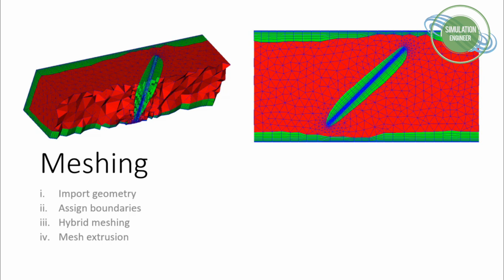So we will start with the meshing, starting from importing the geometry, and then we will assign the boundary patches later on, which will be used as boundary conditions, and we will be performing our hybrid meshing. As we can see, the damper, and these are the walls of the duct, so we'll be using a hybrid, so a viscous mesh.